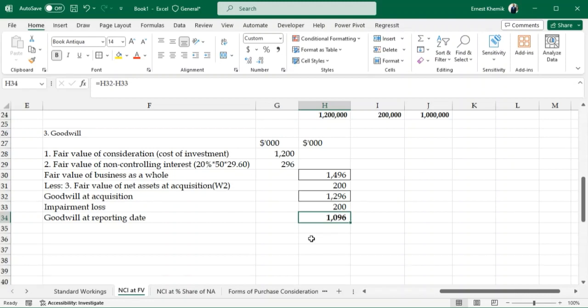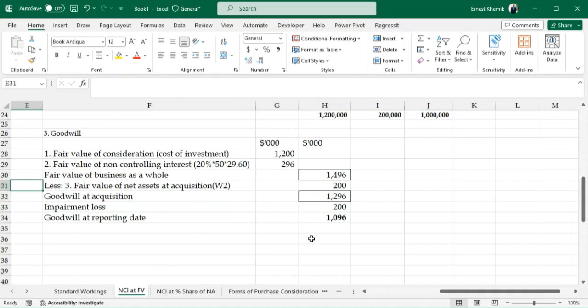When I'm measuring the non-controlling interest of the subsidiary at fair value, the treatment of impairment loss in the NCI calculation and the group retained earnings is different. However, for goodwill, it is always subtracted from the goodwill at acquisition to get our goodwill at the reporting date. So this is how we calculate our goodwill.